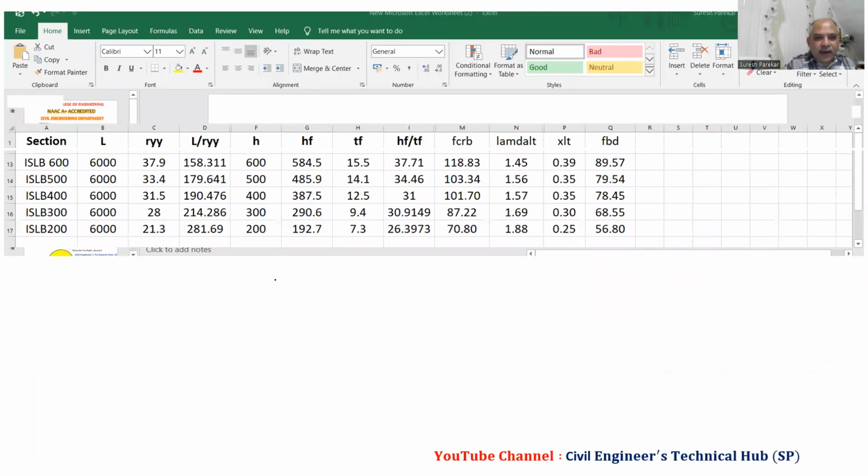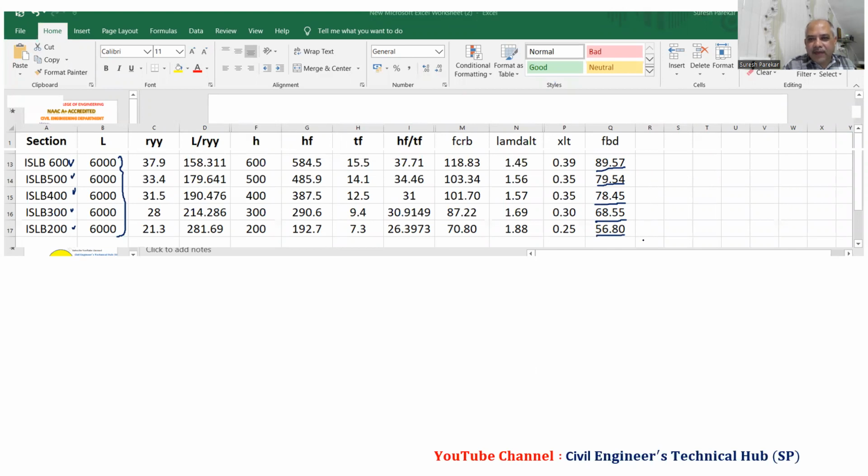Now we have considered the same length of 6 meter with different sections. Here you can see for ISLB 600, for 6 meter, 89.57; for 500 it is 79.54; for 400, 78.45; for 300, 68.55; and for 200, 56.80.